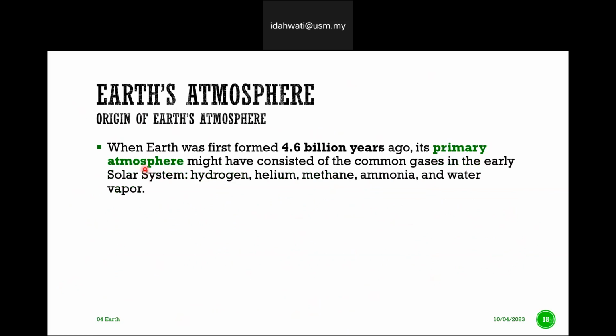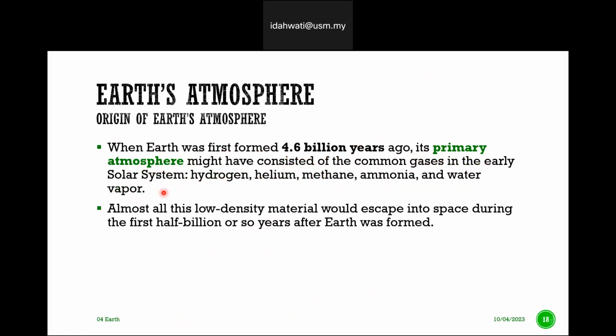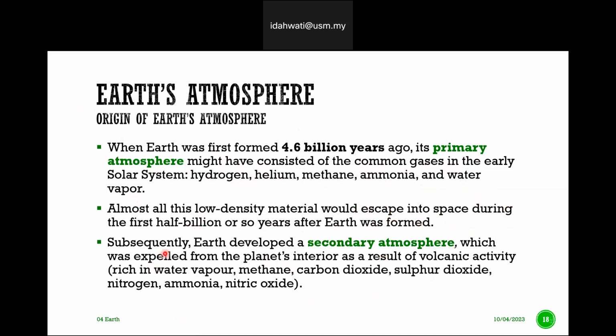When the Earth was first formed about 4.6 billion years ago, its primary atmosphere might have consisted of the common gases in the early solar system, which are hydrogen, helium, methane, ammonia, and water vapor. Almost all this low-density material escaped into space during the first half billion or so years after the Earth was formed.